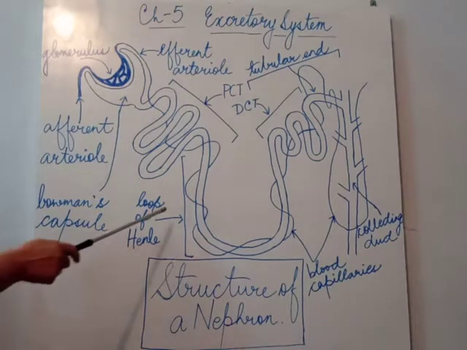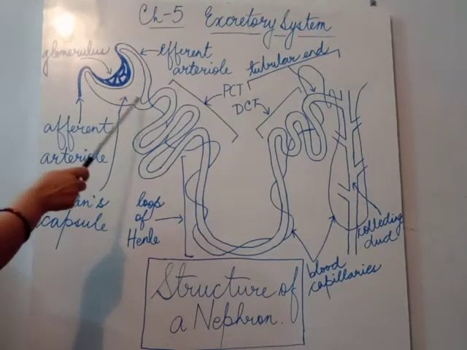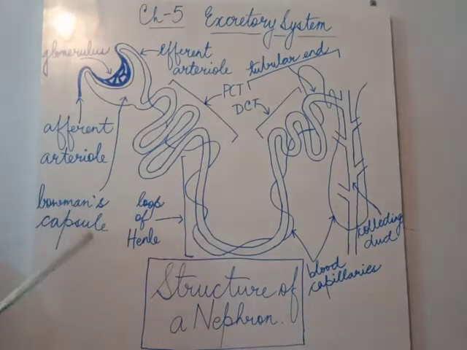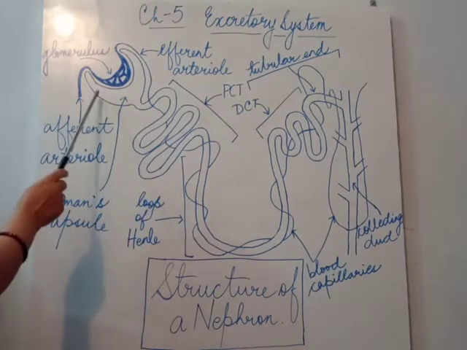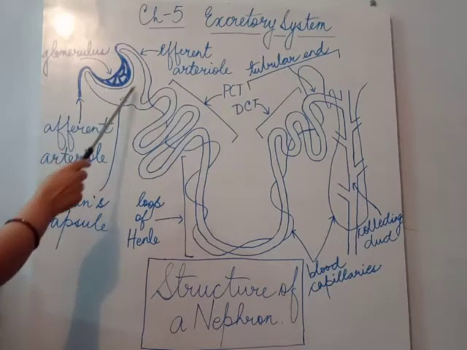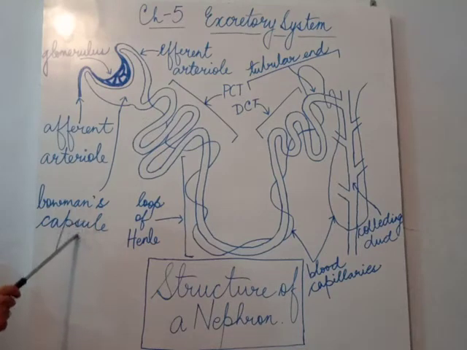You can see in this diagram, children, that a nephron is a tubular structure. You all know that the nephron is the structural and functional unit of the kidney, and the kidney is a part of the excretory system. This structure starts with a cup-like structure called Bowman's capsule.